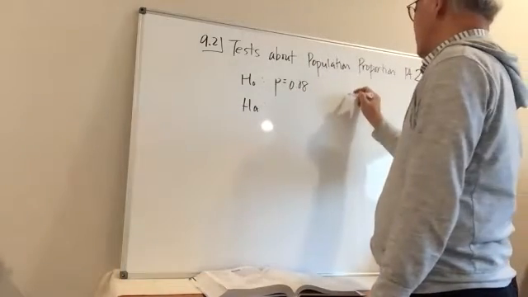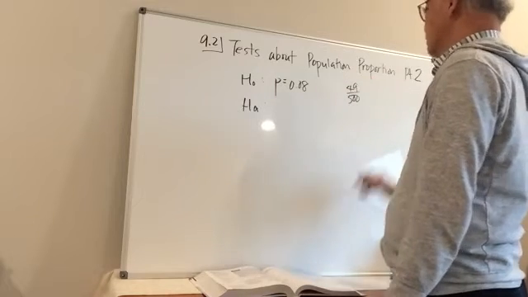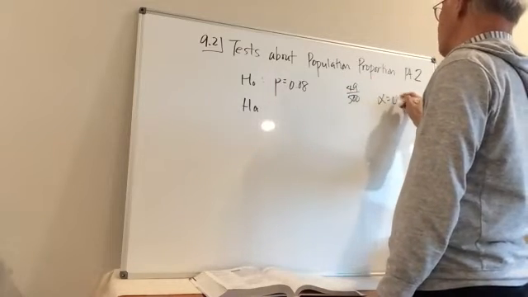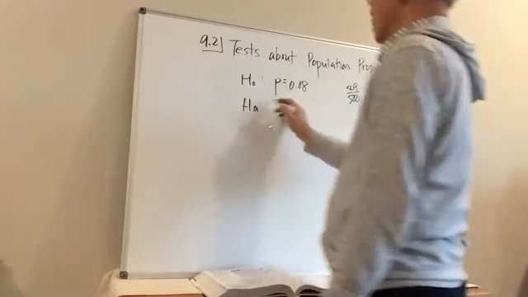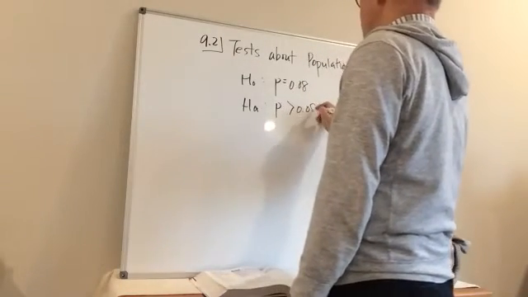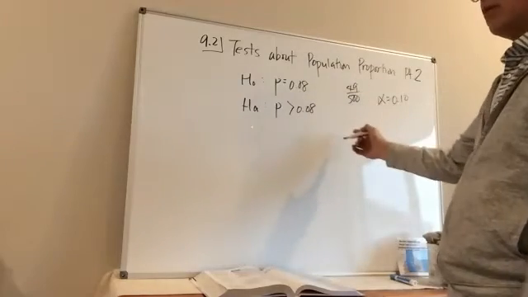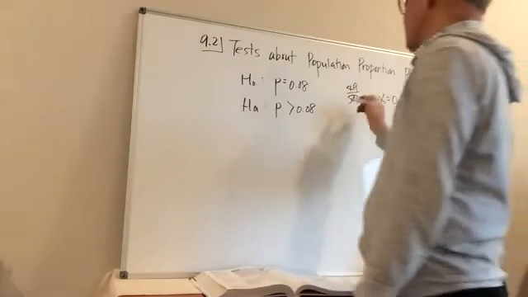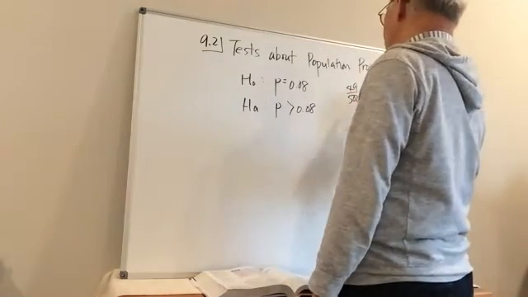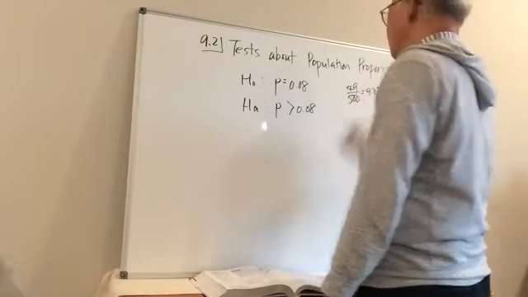Out of 500, we have 47 that had blemishes. By the way, the alpha level here was 10%. So what we're thinking is that p is greater than 0.08, because we have evidence that it's almost 10%. It's actually going to be 9.4%.